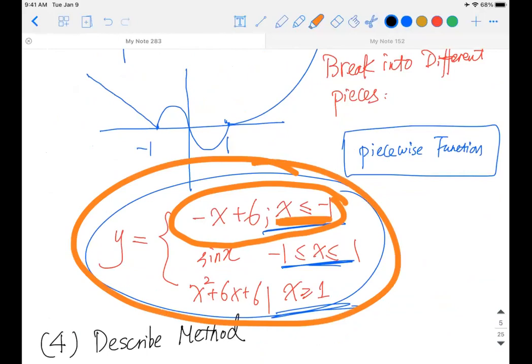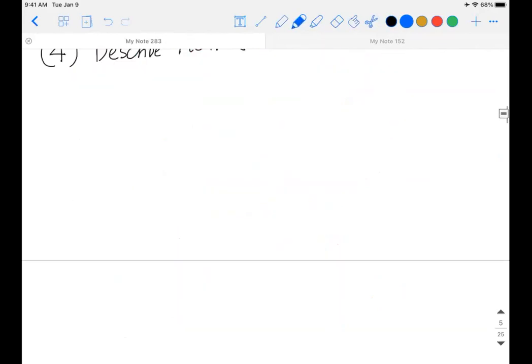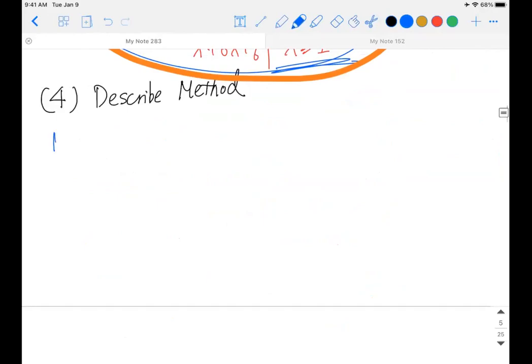But there are some functions, even though you break them into pieces, it's kind of impossible for you to find an expression. A very good example is the famous Dirichlet function. What is the Dirichlet function? Dirichlet function is something like this.